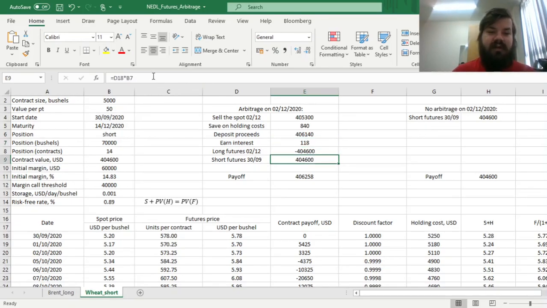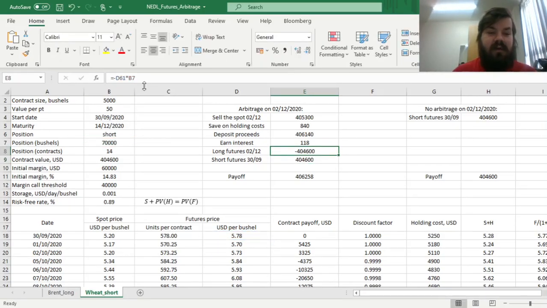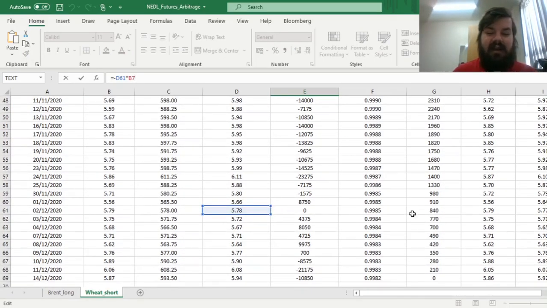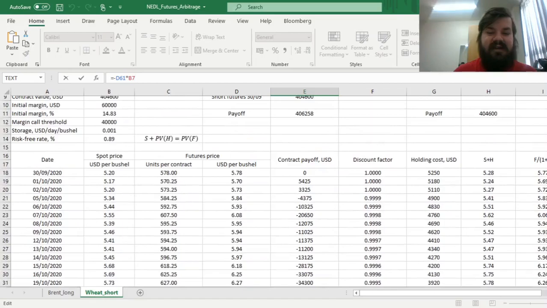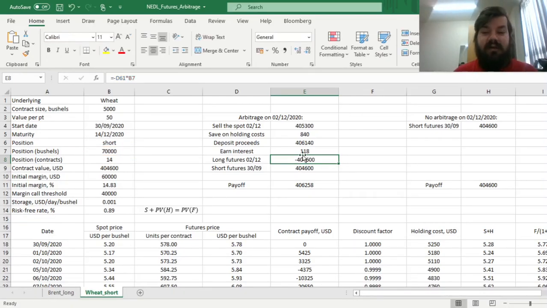Then we need to account for the fact that we have unwound our initial hedge, meaning that we short our initial futures at 5.78, and we also long the futures on the 2nd of December, and here it is just a coincidence that futures prices at the start of the period, 30th of September, and at our arbitrage date, 2nd of December, were identical, so these payoffs are the same in magnitude but different in signs, obviously.